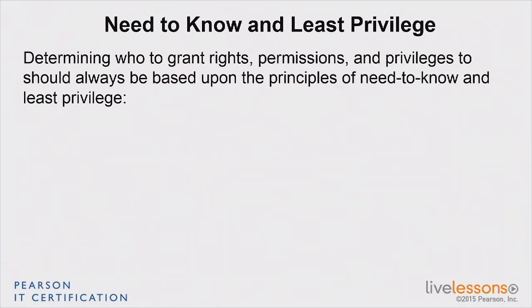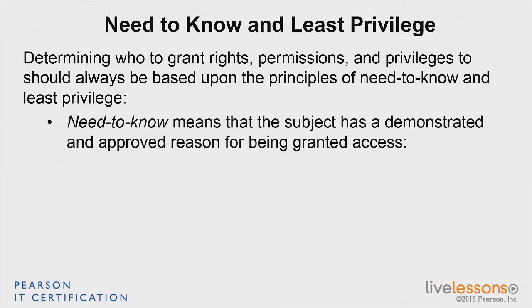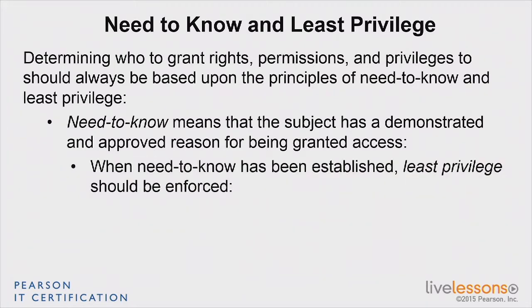Determining who to grant rights, permissions, and privileges to should always be based upon the principles of need to know and least privilege. Need to know means that the subject has a demonstrated and approved reason for being granted access. Let me repeat that. Need to know means the subject has a demonstrated and approved reason for being granted access.